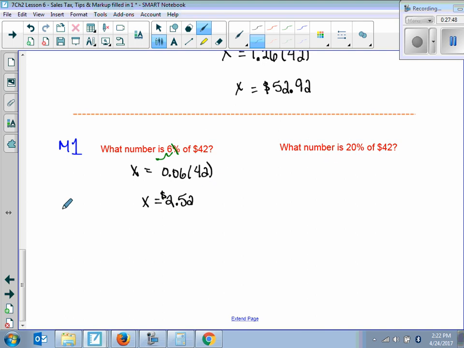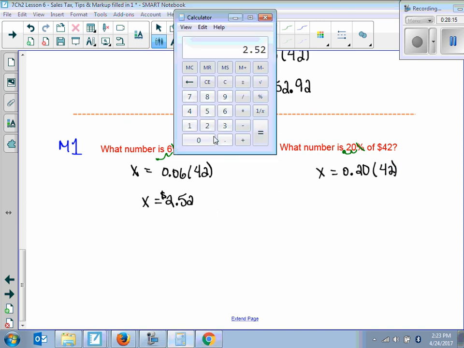So now we need to figure out how much we're going to tip on $42. So that's going to be X is equal to, and once again, we're going to change this percent to a decimal by moving the decimal 2 places to the left and taking away the percent sign. So that's going to be 0.20 or 0.2, either one is fine. And then we're going to multiply that times 42.